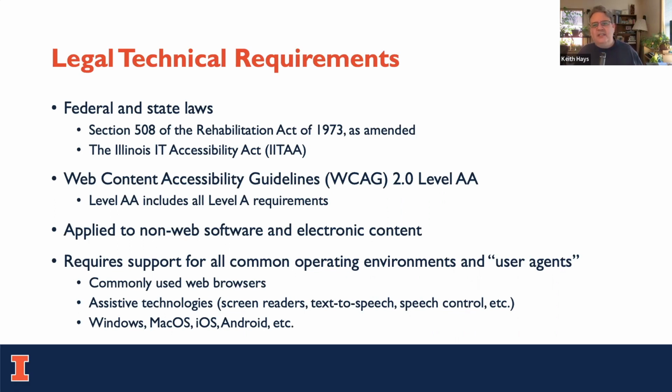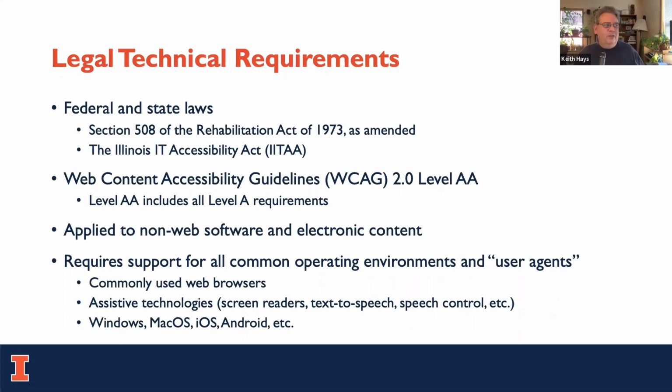Prior to 2018, these two laws were very different. The Illinois requirements far exceeded the federal requirements, and it created issues working with vendors. Now they have been harmonized, there's full agreement, and so if you meet one of these, then you meet the other. Both of these laws mandate something known as the Web Content Accessibility Guidelines 2.0 or WCAG.